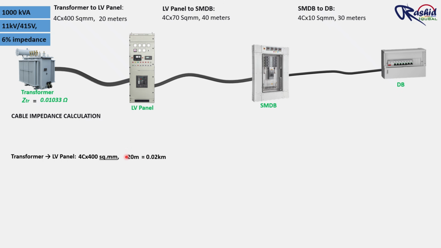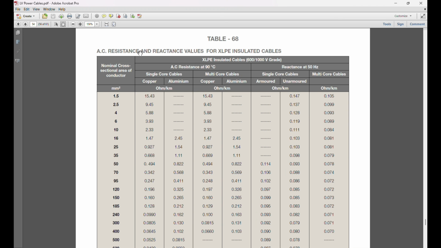As we know, the impedance of a cable can be calculated as Z equal to under root R square plus X square, where R is the resistance and X is the reactance of the cable. So from the catalog, we can find the resistance and reactance of 4-core 400 square mm cable. Let me open the manufacturer cable catalog to check the values.